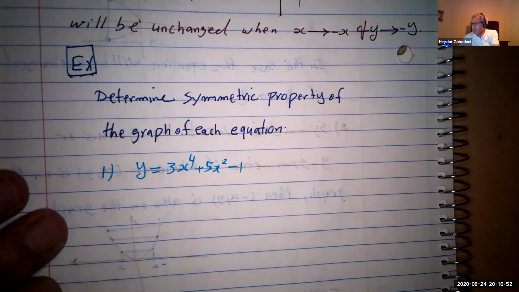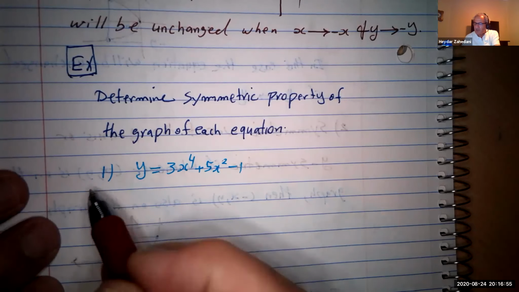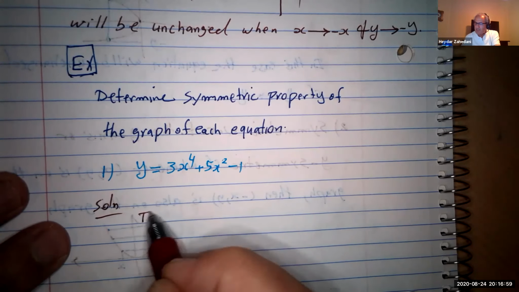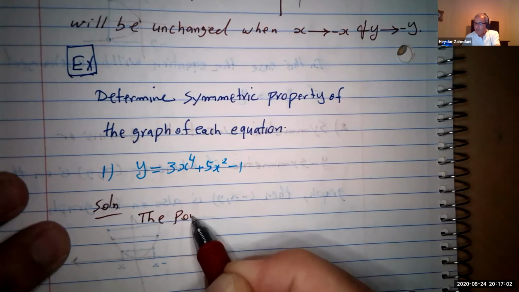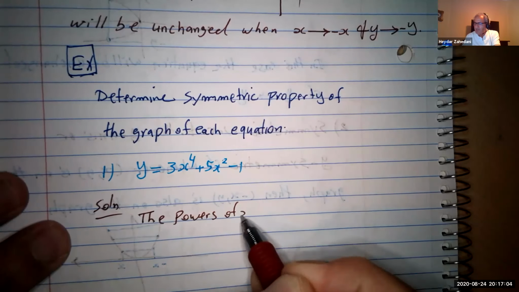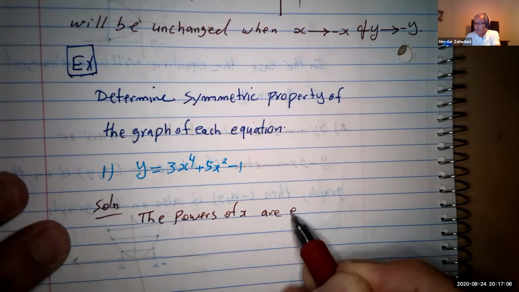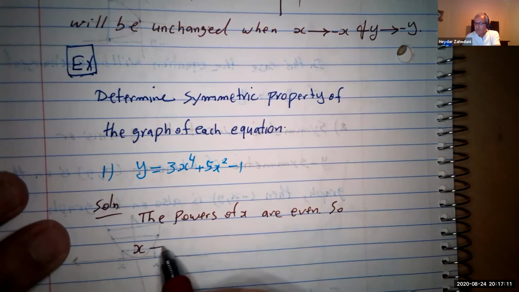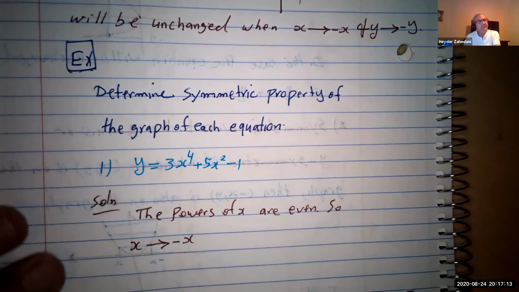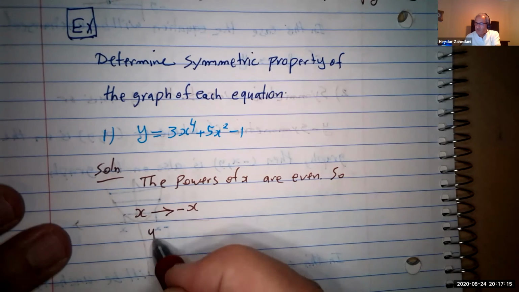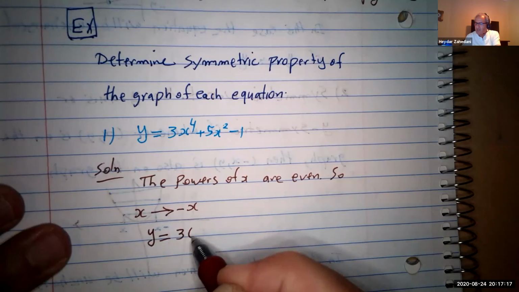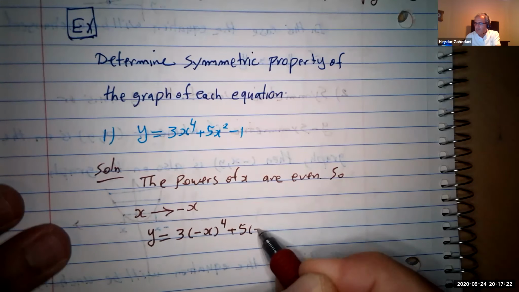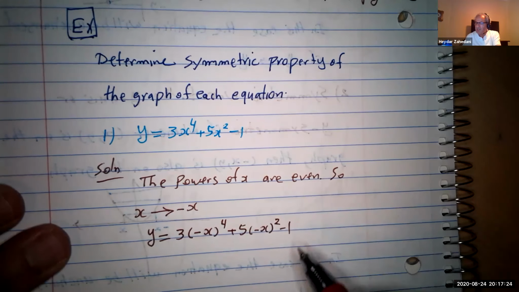Just to remind you, the solution: the powers of x are even, so change x to negative x. Substitute, and you have to show y equals 3 times negative x to the fourth plus 5 times negative x squared minus 1.